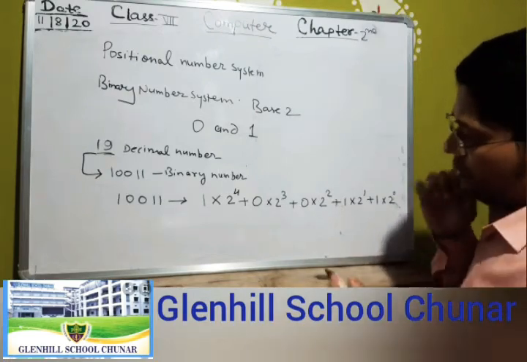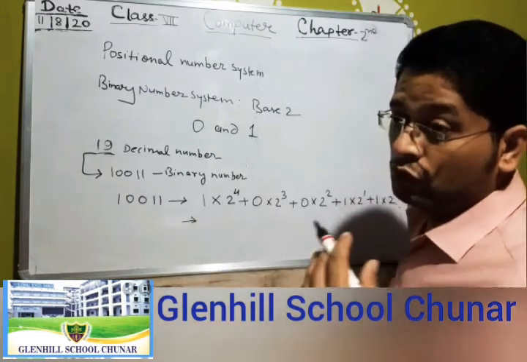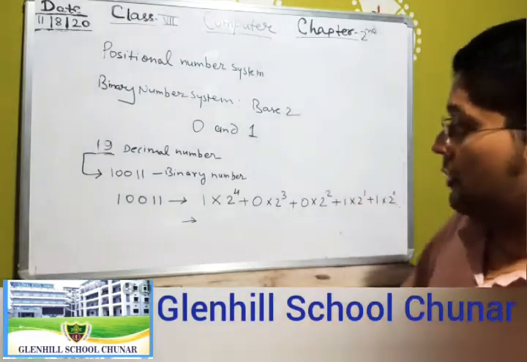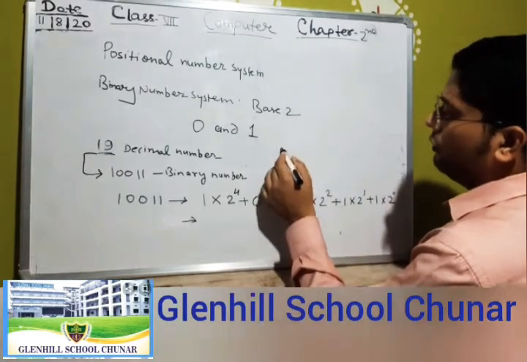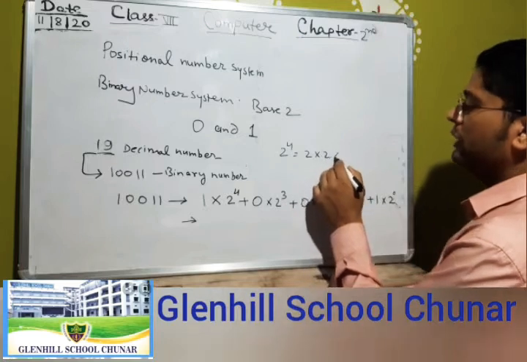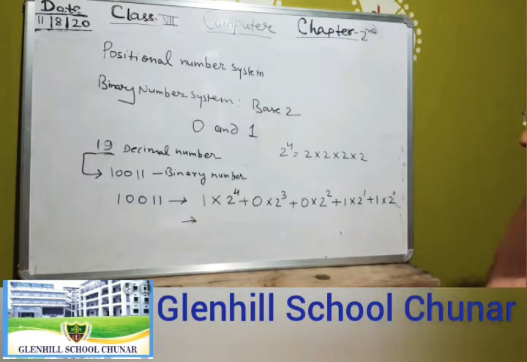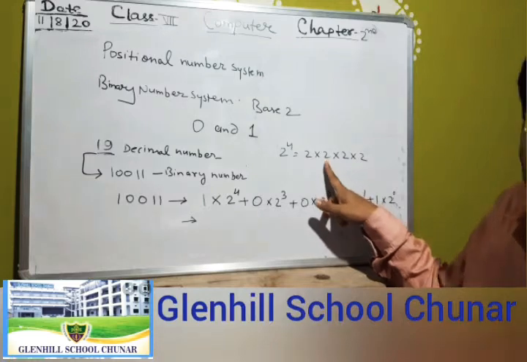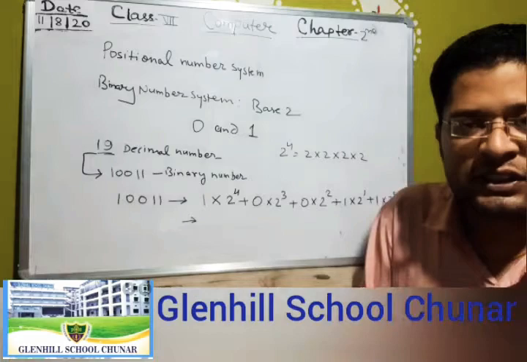Clear, student? So 2 power 4 means multiply 2 four times, that means 2 into 2 into 2 into 2. So 2 twos are 4, 4 twos are 8, 8 twos are 16.